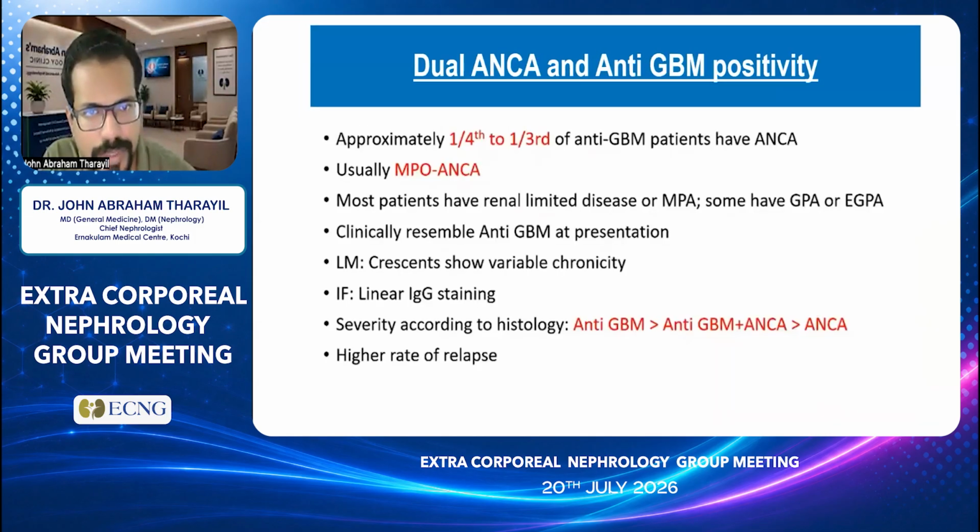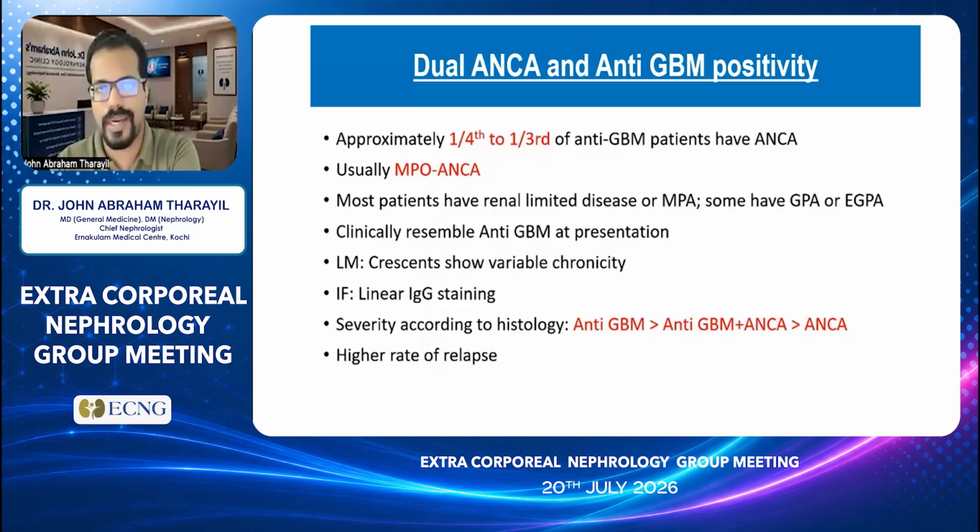Coming to dual antibody positivity, that is dual ANCA and anti-GBM positivity, about a quarter to a third of anti-GBM patients have ANCA, and that is usually MPO, anti-neutrophil cytoplasmic antibody. Most patients have renal limited disease, and some have GPA or eosinophilic granulomatosis with polyangiitis. They clinically resemble anti-GBM at presentation, and in light microscopy, you find crescents with variable chronicity.